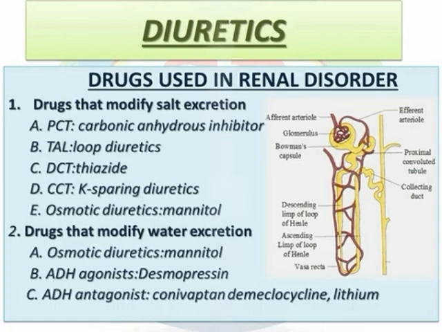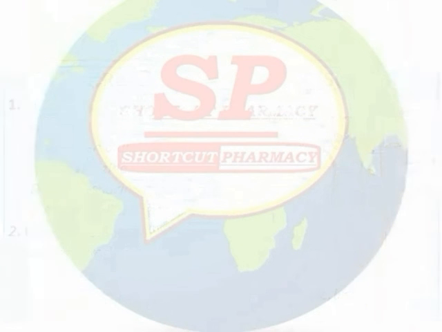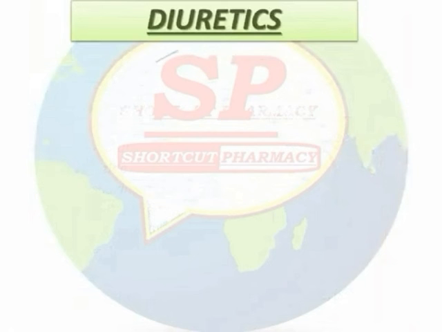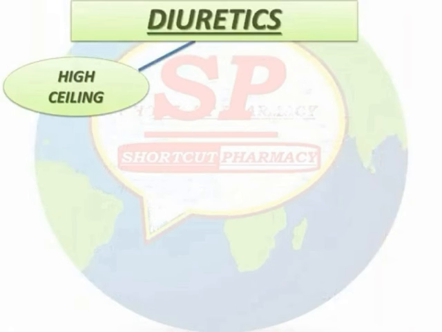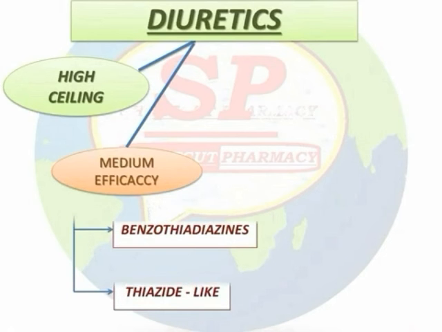This hypokalemia is prevented by the concurrent use of potassium sparing diuretics, and also by high dietary intake and supplements of potassium.